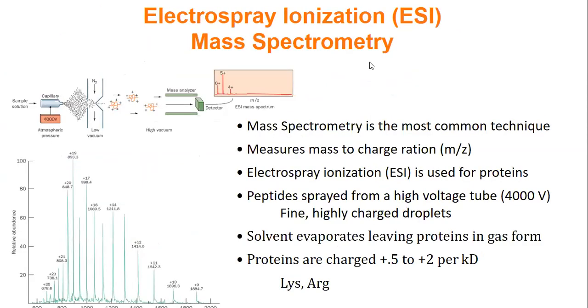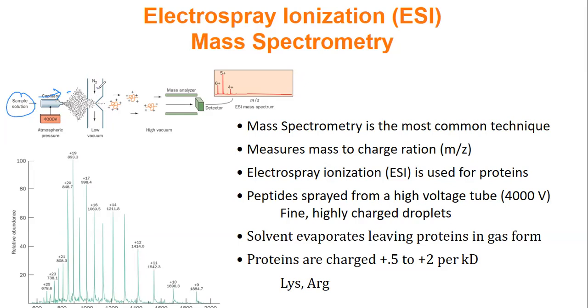So another way to sequence is called mass spec. So mass spec is actually super cool. Those of you who want to know more, please look into Dr. Alley's analytical courses where they talk about mass spec. The idea is you have your sample and you shoot your sample through 4,000 volts and you take a protein and you more or less turn it into a gas.